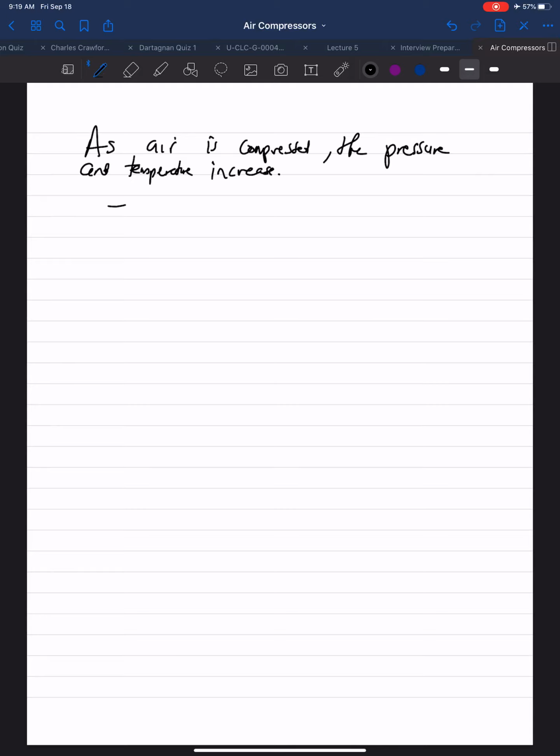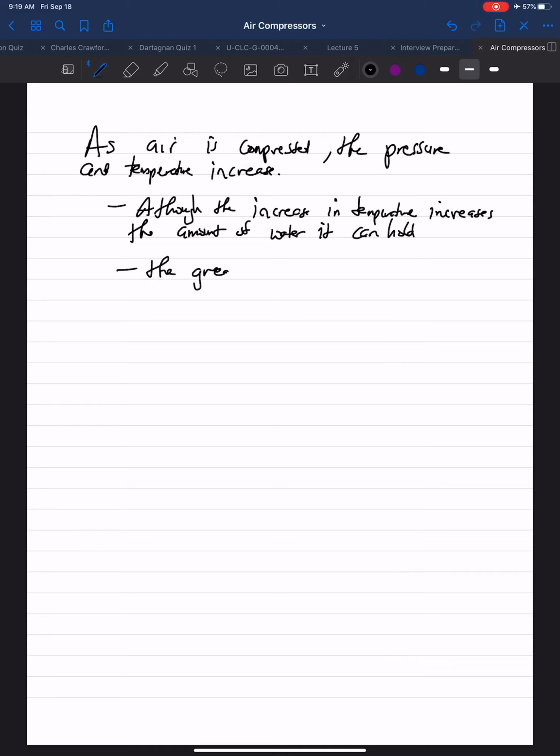And although the increase in temperature increases the amount of water it can hold, the greater effect of the increase in pressure due to the compression decreases the amount of moisture the air can hold.